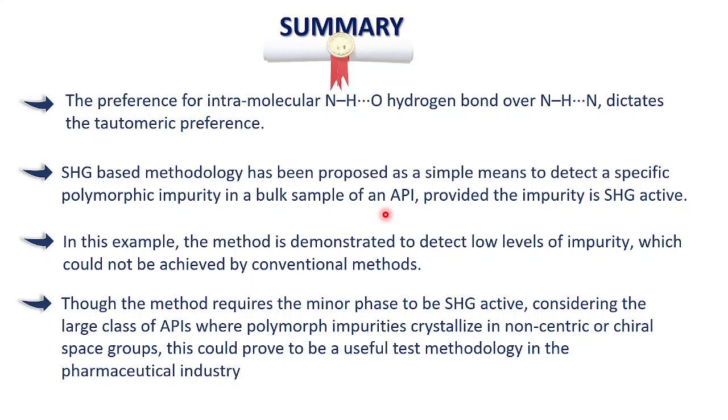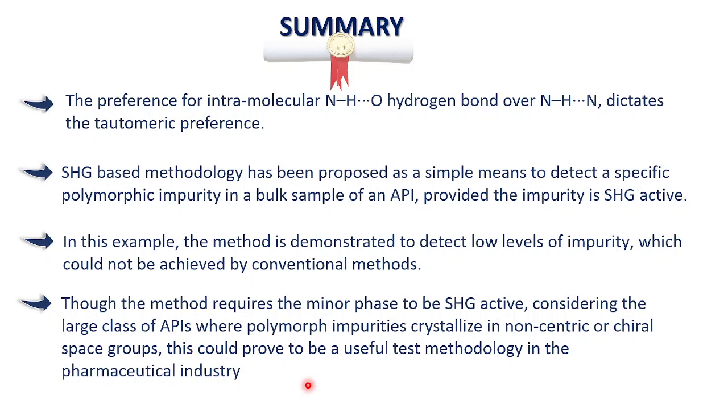In this example, the method is demonstrated to detect low levels of impurity, which could not be achieved by conventional methods. The method requires a minor phase to be SHG active, considering the large class of APIs where the polymorph impurity crystallizes in a non-centrosymmetric or chiral space group.